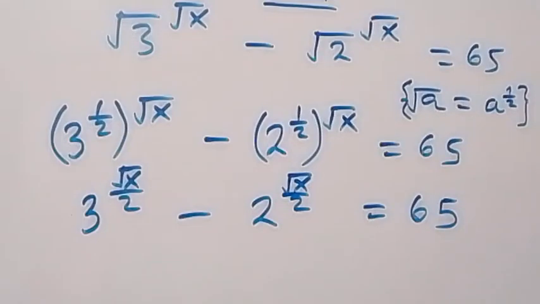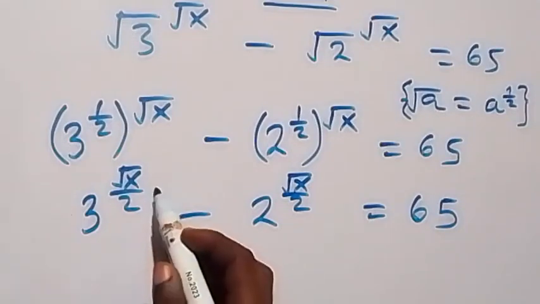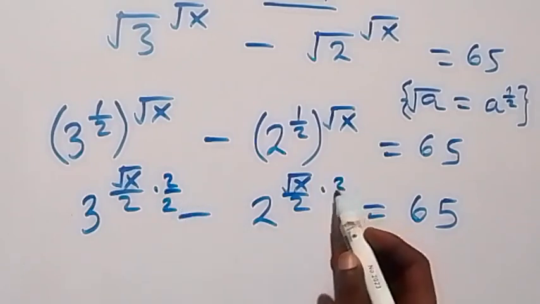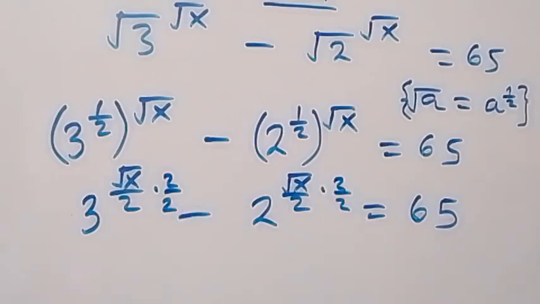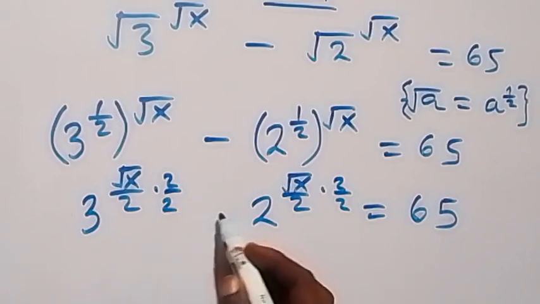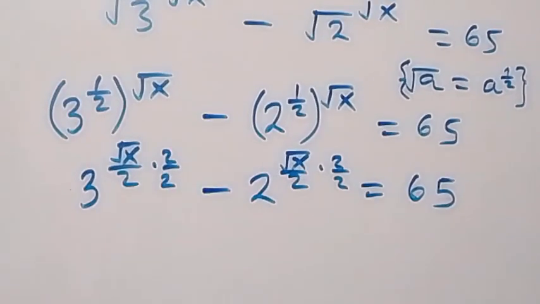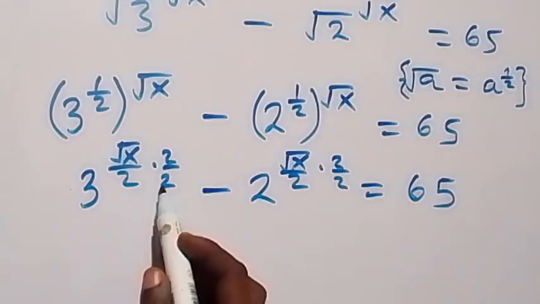Then from here, let's multiply this power by 2 over 2, and also this side by 2 over 2. So it's as if we have not really done anything there, because 2 over 2 here is still 1. But let's write this as, these two we multiply, that's 4.